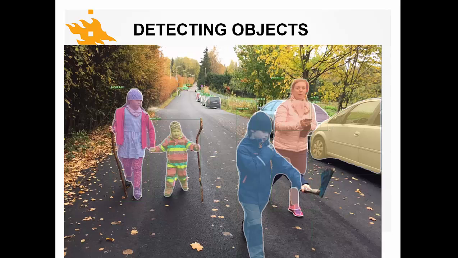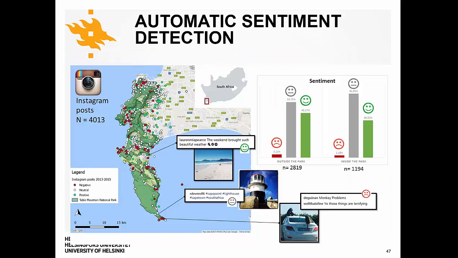Then also, for example, automatic sentiment detection has been advancing really a lot. We are a bit cautious about the possibility of using sentiment analysis, at least in the park context, for the reason that people are so overwhelmingly happy in their posts in national parks.